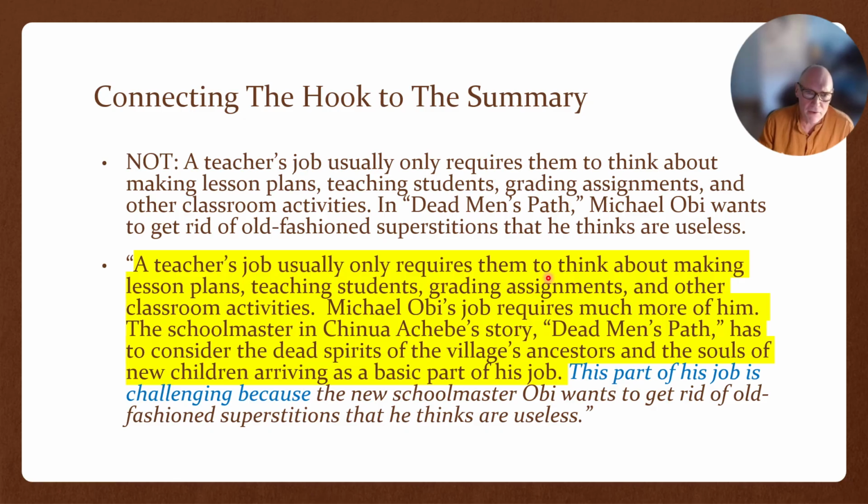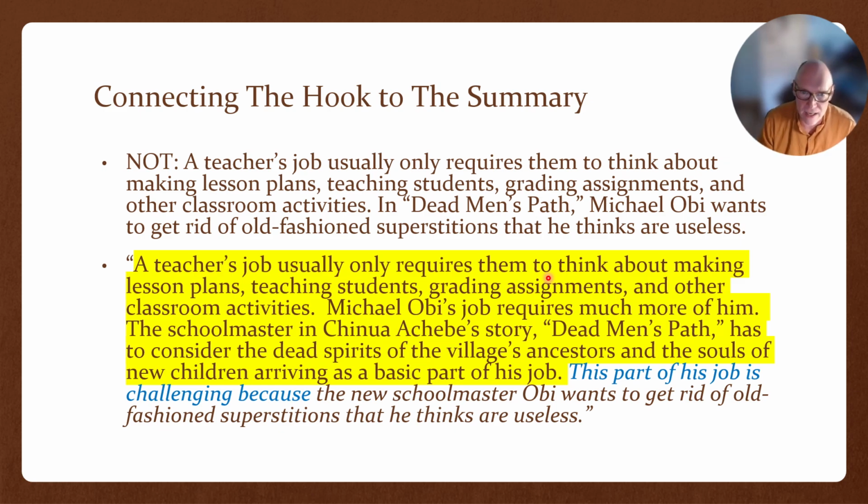So, for instance, going back to our example about Dead Man's Path, you start off with a teacher's job usually only requires them to think about assignments, and so on and so forth. And then immediately go to, in Dead Man's Path, Michael Obi wants to get rid of old-fashioned superstitions because he thinks they're useless.